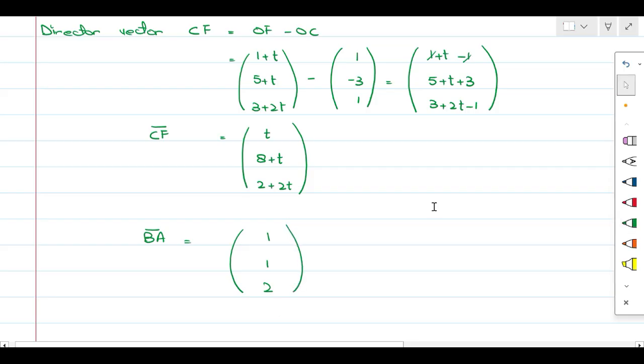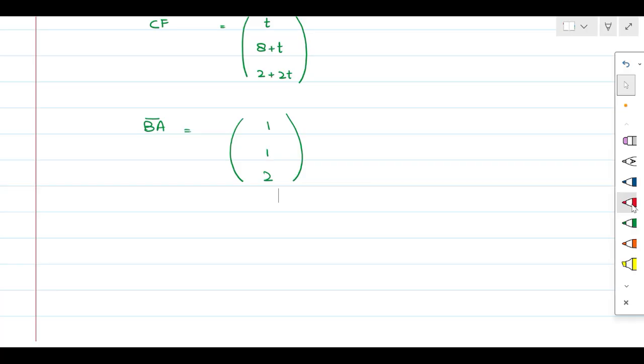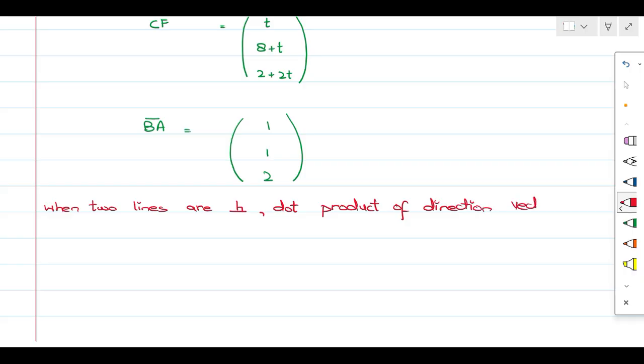Okay. Since the two lines are perpendicular, when two lines are perpendicular, the dot product of their direction vectors equals 0.